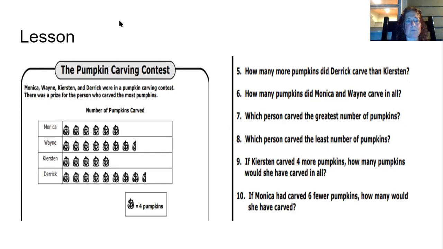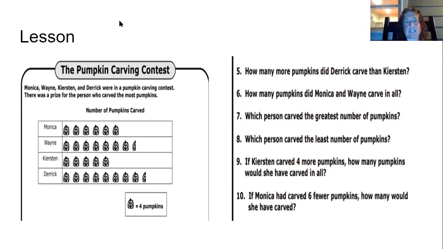If each pumpkin's worth 4, 4 plus 4 is 8. 8 plus 4 is 12. And then 12 plus 2, because it's only half a pumpkin, so that's 14, right? So Derek has 14 more pumpkins than Kirsten.